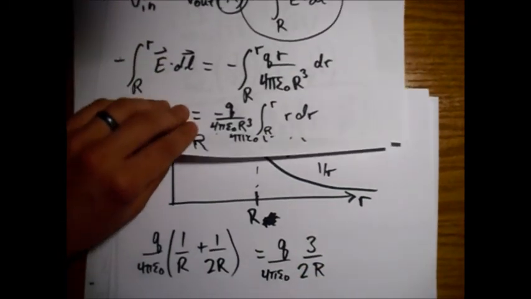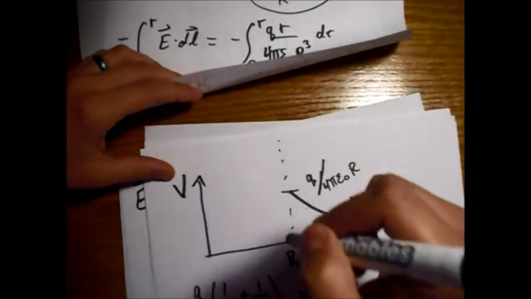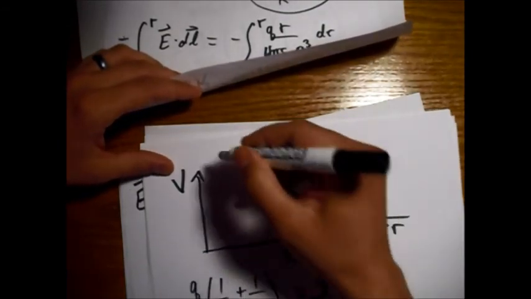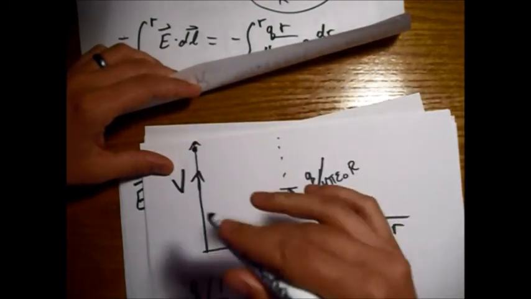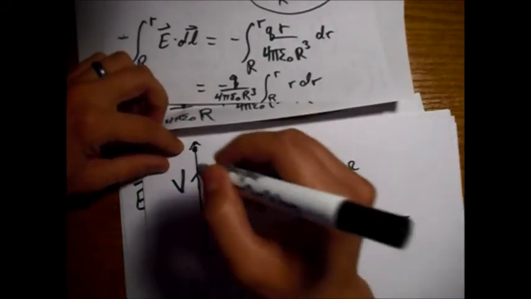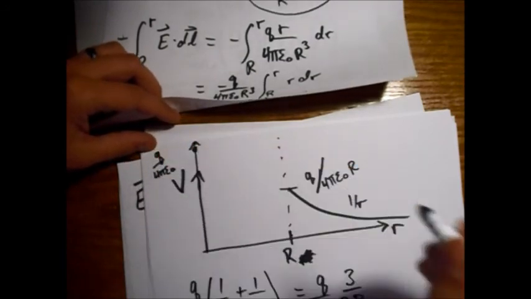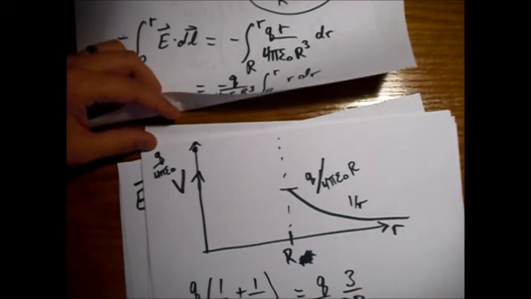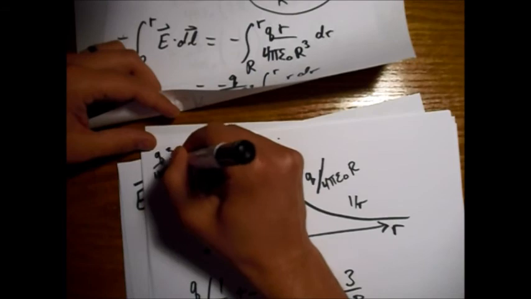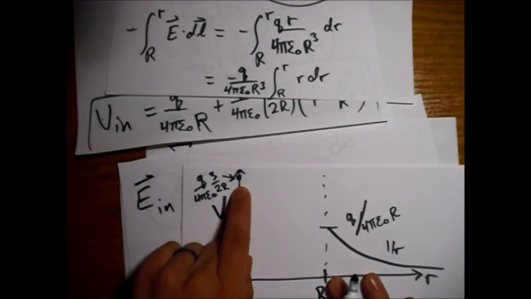And so this is the value at r equals 0. It's probably up here somewhere, actually. So Q over 4 pi epsilon naught, 3 over 2 big R. And that's at this little point right here. Okay?